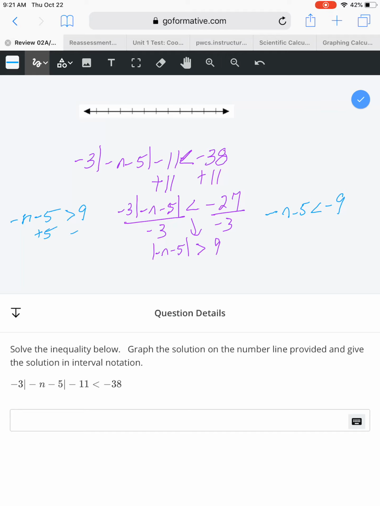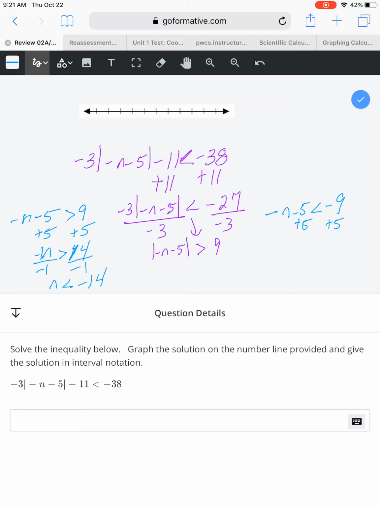I add 5 to each side. Negative n is greater than 14. Remember that's a 1, so I'm going to divide each side by negative 1. When I divide by negative 1, this ends up being n is less than negative 14.